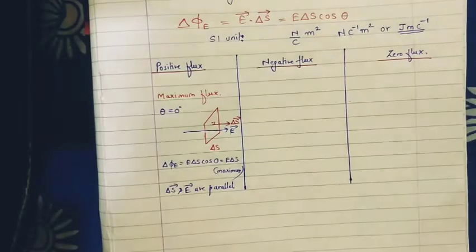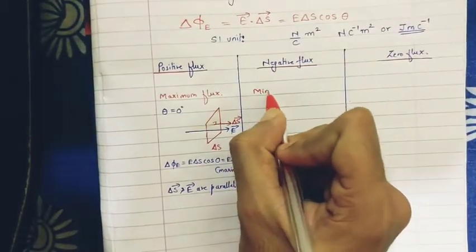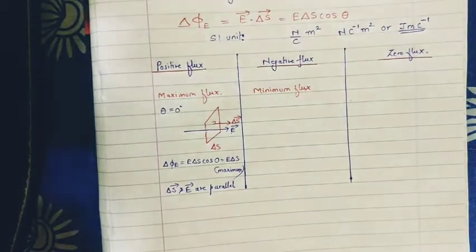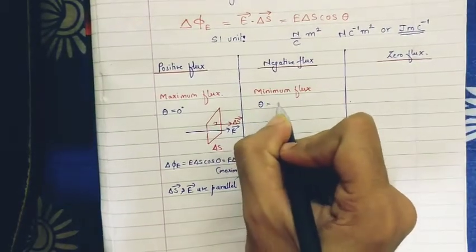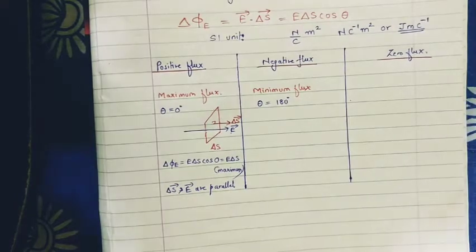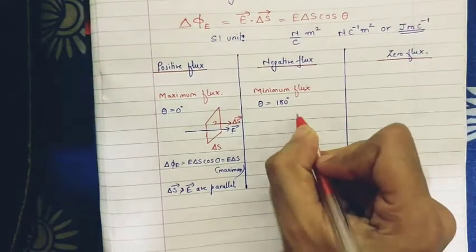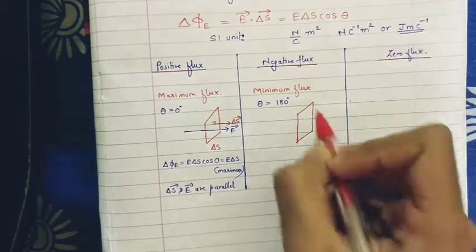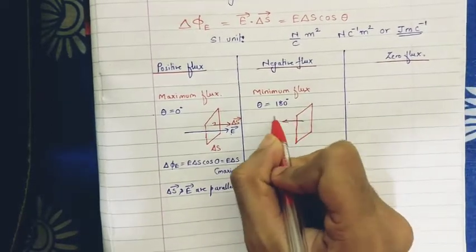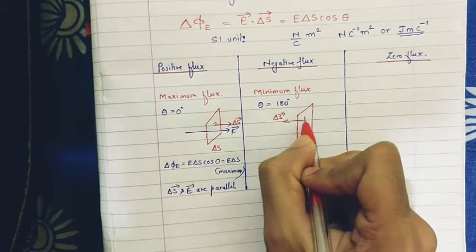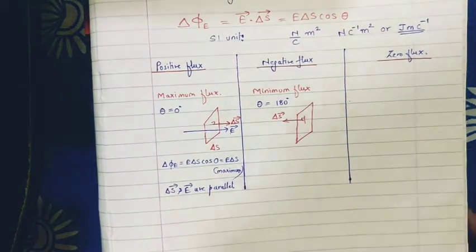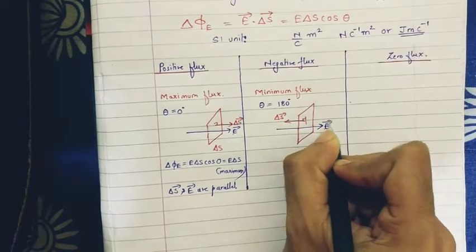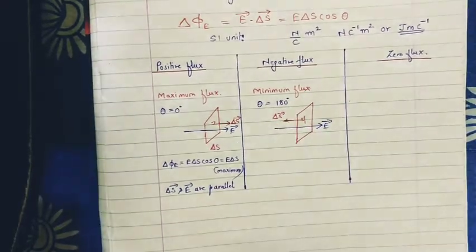So negative flux is minimum flux, wherein we have theta as 180 degrees. How is it possible? Supposing this is my area vector, let me draw my area vector on the other side now. So delta S is my area vector, and the electric field is opposite to it, then theta between them is 180 degrees.